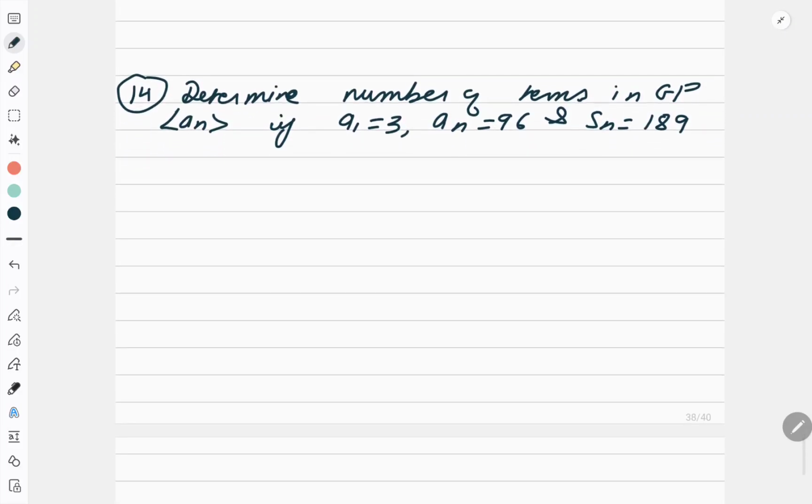Okay, determine the number of terms in GP if A1 is this, AN is this and SN is this. So what is the formula for SN? So SN is A into r to the power n minus 1 upon r minus 1. I am just trying to collect all the information so that I can think what I have to apply. What is the formula for AN?